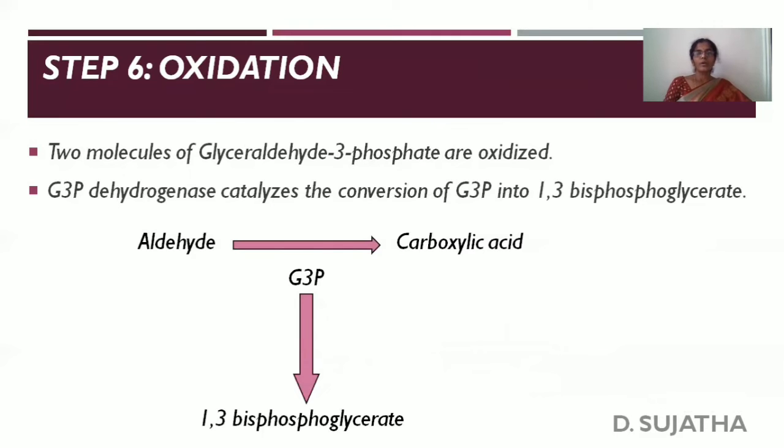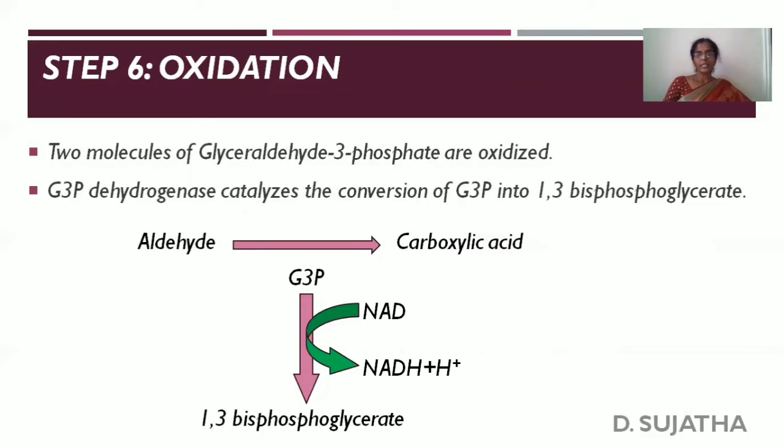In this oxidation, hydrogen is released from the glyceraldehyde 3-phosphate. The hydrogen released from the oxidation of G3P is taken by the coenzyme NAD, and this coenzyme NAD is reduced to NADH plus H plus.